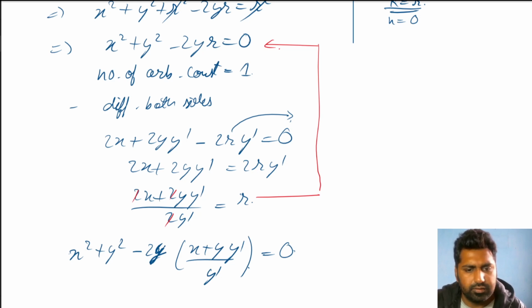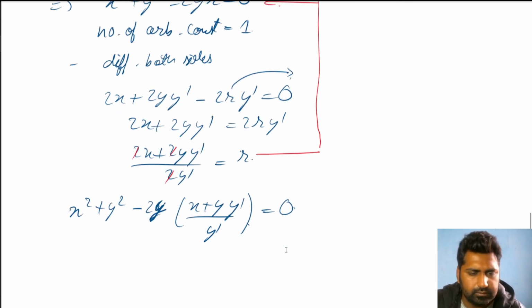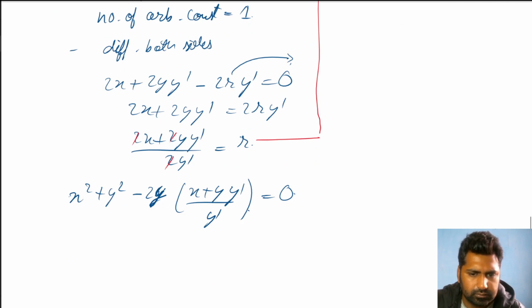Kind of weird looking. Should we solve this? I think we can solve this. Let's simplify. x square plus y square minus 2y.